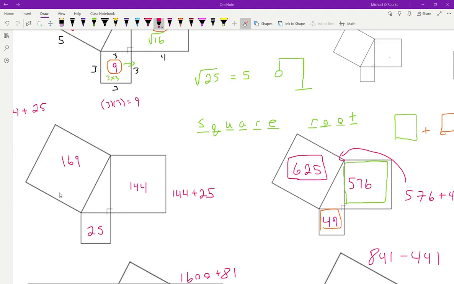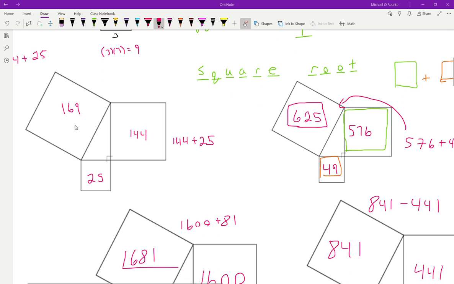So, can someone work out with me? I'll name these sides. I'll name this triangle A, this triangle B, and this triangle C. Can you guys tell me what the side lengths, sorry, not triangle, the squares.